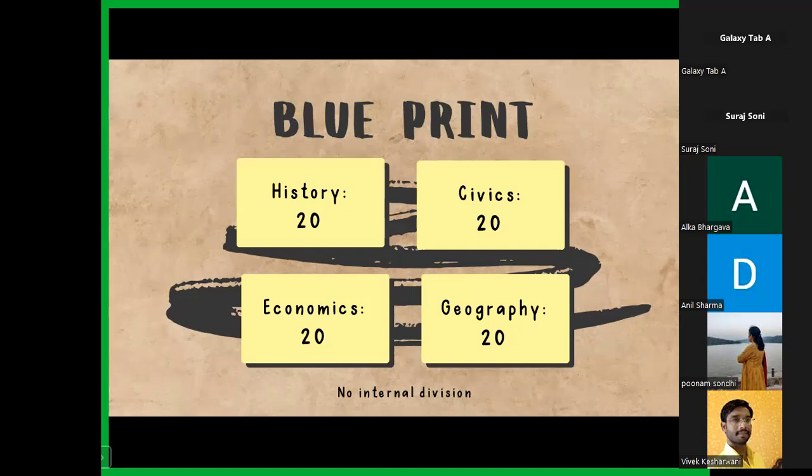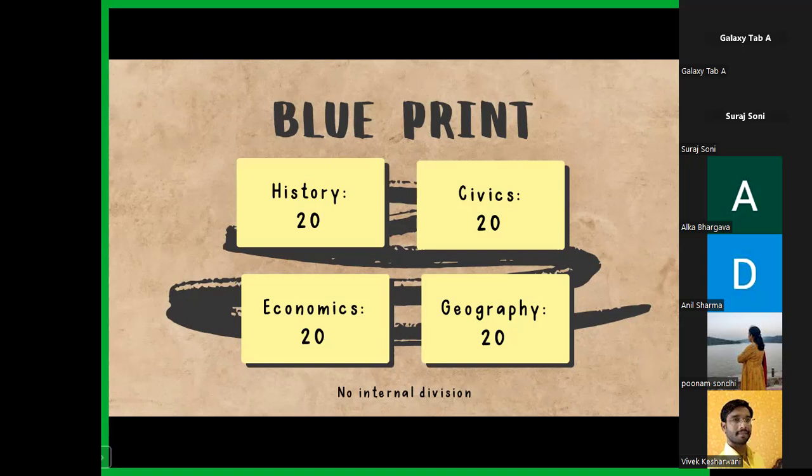There is no internal division, and the beauty of this blueprint is that the teacher can decide which topics the teacher feels are important, which topics need to be assessed more, or should be given more weightage as probably the chapter is lengthy, or probably the chapter is more important even if the chapter is small, right? So having this kind of a blueprint obviously gives the teacher that free hand to decide how much to be assessed from which chapter.